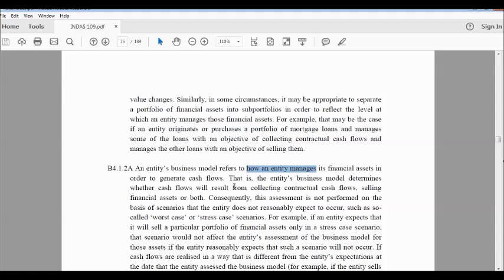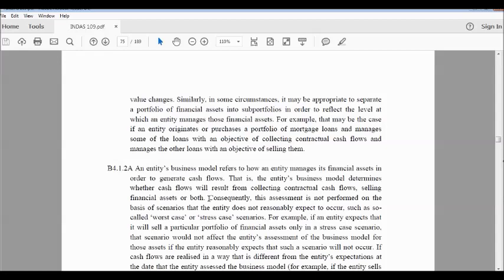That motive is called the business model. The entity's business model determines whether cash flows will result from collecting contractual cash flows, selling financial assets, or both. So if your objective is to generate cash flow by holding the financial asset or selling the financial asset or both, that intention will be called the business model.